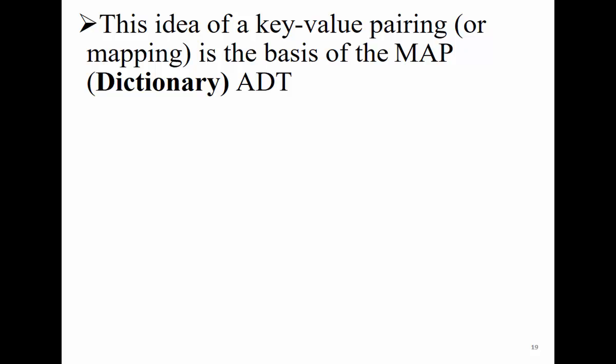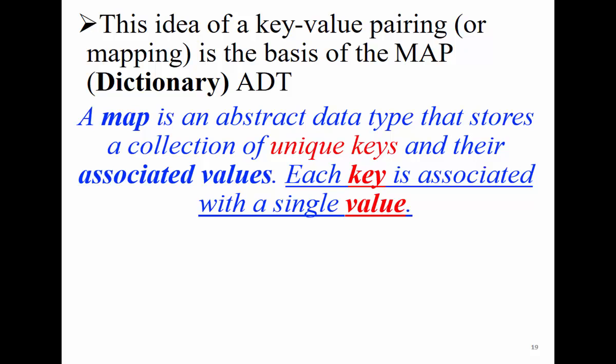So the idea is key-value pairing, and what we call a dictionary is this kind of mapping. So you can have the key only once, and you can have only one value associated to that key. In the formal definition, the map is an abstract data type that stores a collection of unique keys.